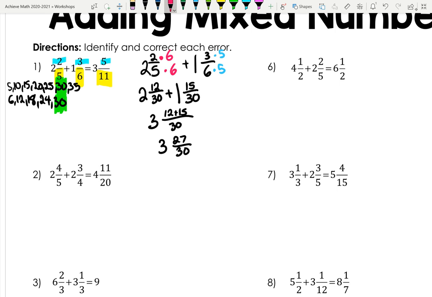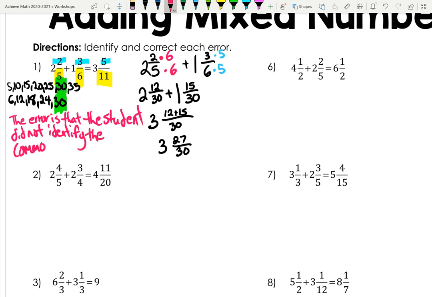So the error is that the student did not identify the common denominator before adding.